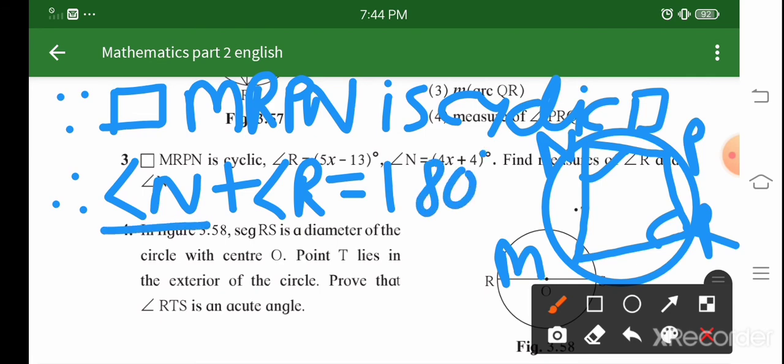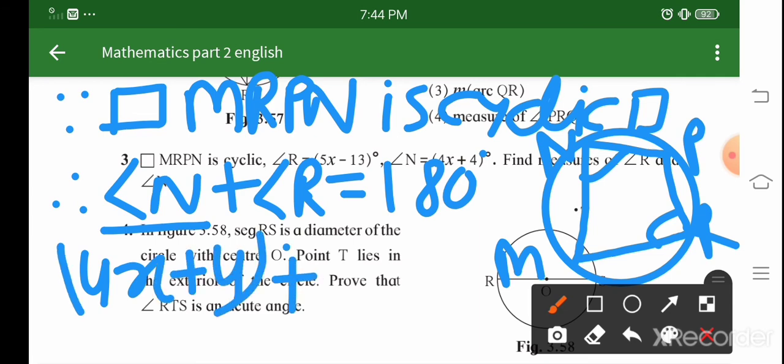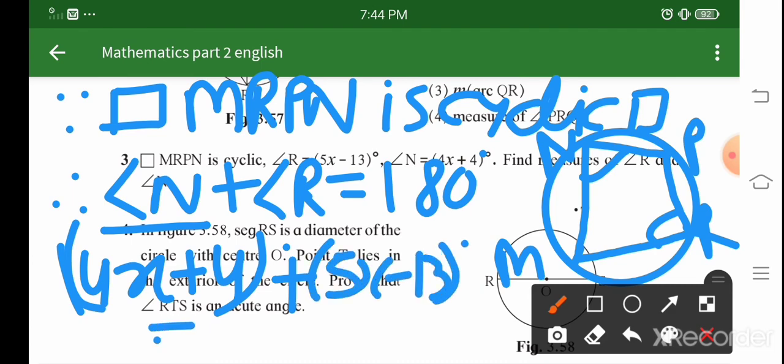So now substitute the value of this angle N. We have 4x plus 4 degrees, right? Similarly for this we have 5x minus 13 is equal to 180.